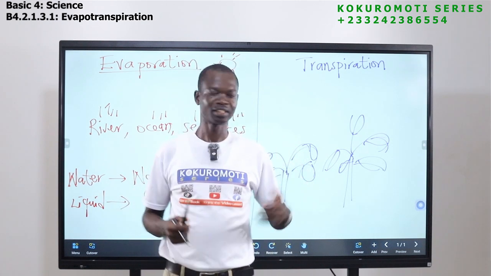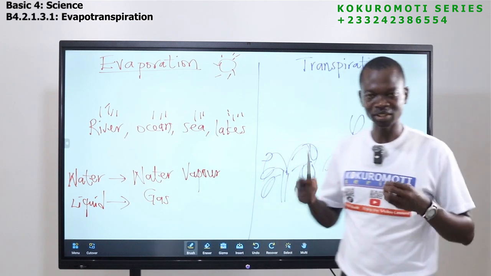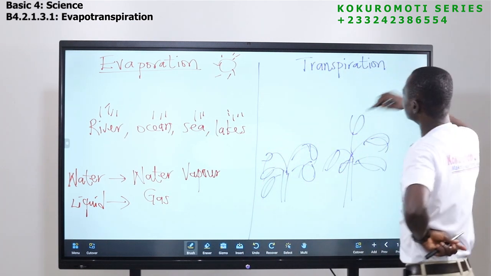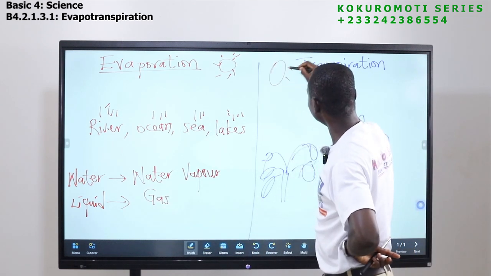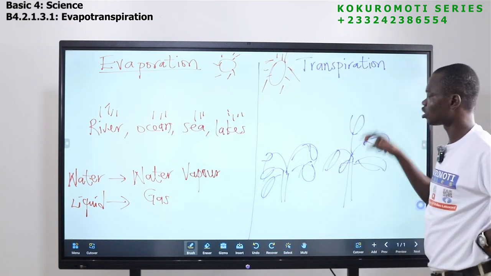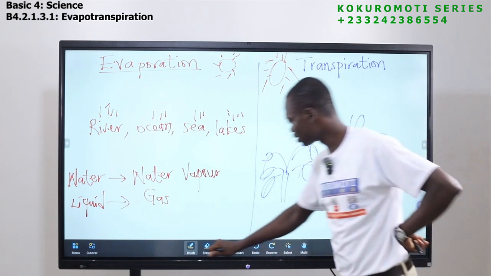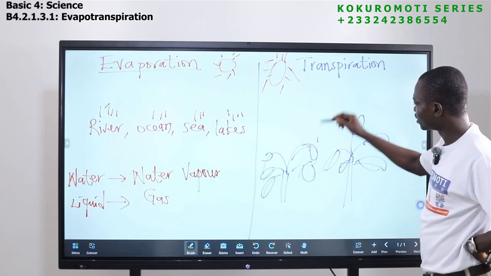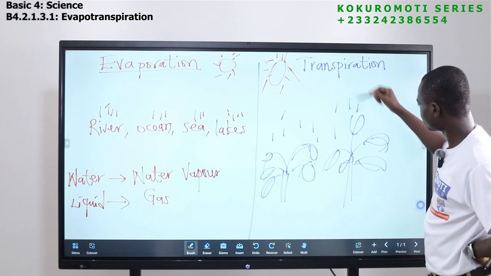These plants also have water, but they lose some of it into the atmosphere. There is the sun, and the heat from the sun will also cause the water in the plants to be released into the atmosphere. The water in the leaves will move in the form of water vapor.